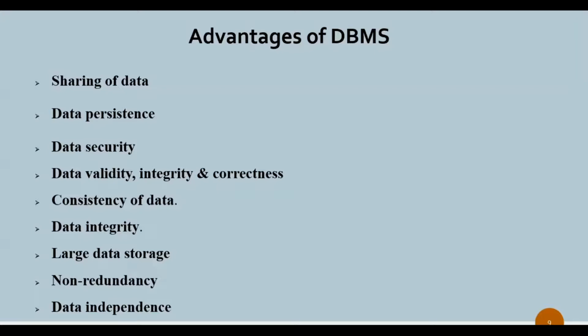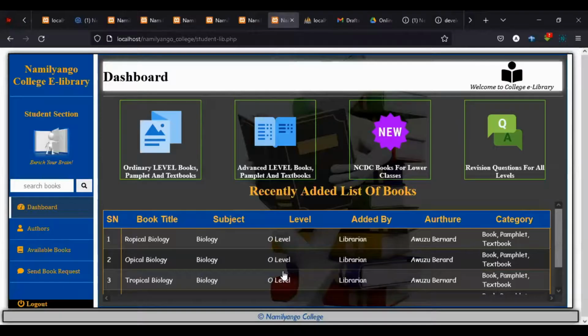So there's also what we call data independence. Both the data and the user program can be altered independently. What do I mean when I say this? I told you what users see when they are using a system is not what is happening at the background. For example, let's go back to this system here.